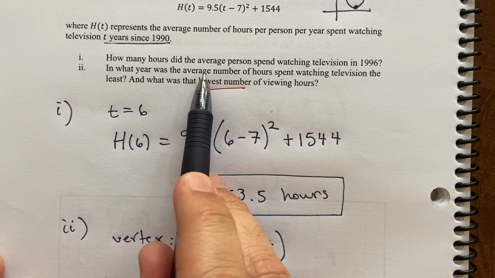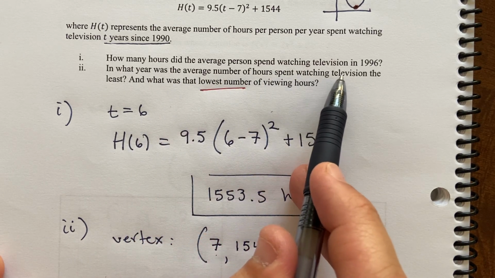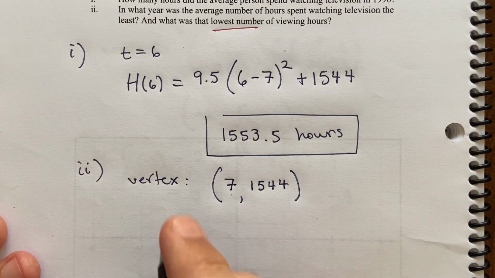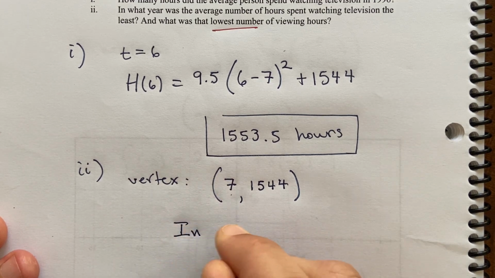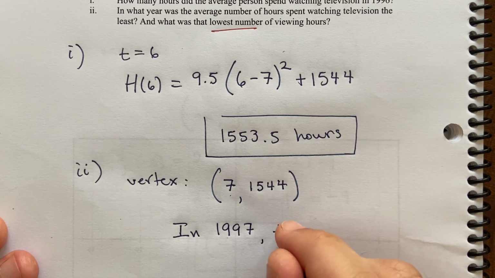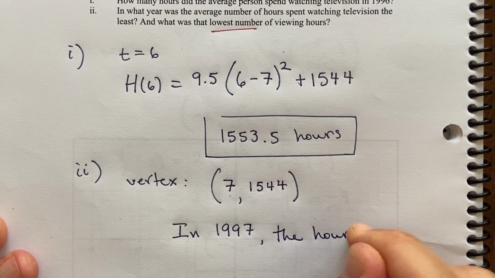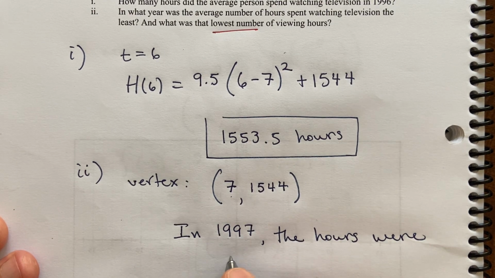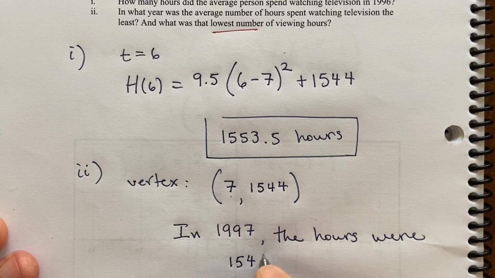In what year was the average number of hours spent watching TV the least? I had 7 years after 1990. So in other words, in 1997, the hours were this number of hours, 1,544.